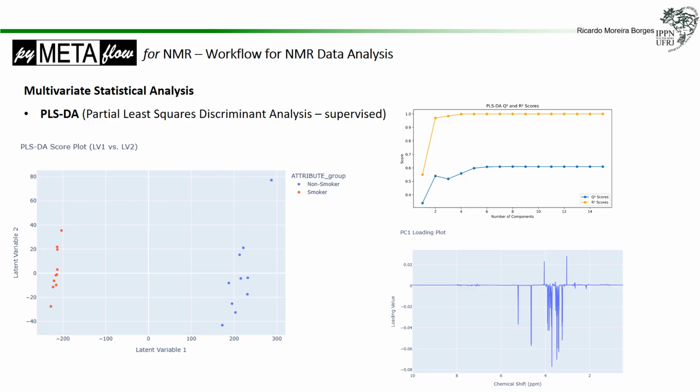Because you need to check the validation for overfitting in your data. But in any case, it's always useful to check the PCA before the PLS-DA, right? Because if the PCA is good, the PLS-DA is probably good as well. And if the PCA is bad, the PLS-DA is probably overfitted.